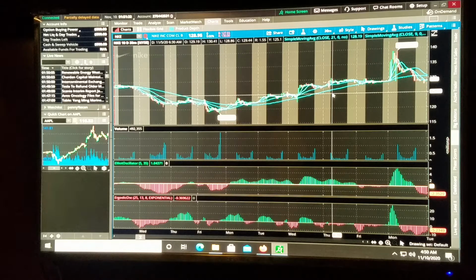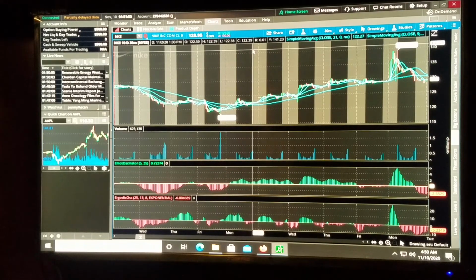So let's use those to our advantage. We can see our moving averages. We can see when we're overextended or underextended, and we can see our tapping some moving averages here on Nike. I mean, Nike's got some really, really good runs right now. And they should, because they're really good shoes.